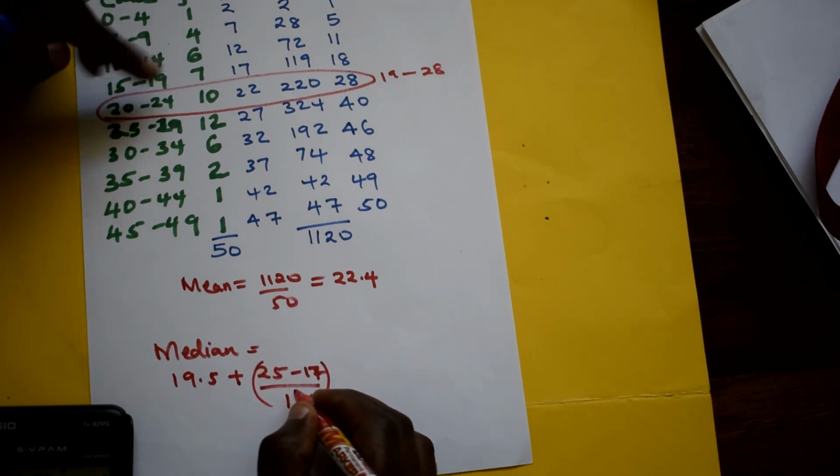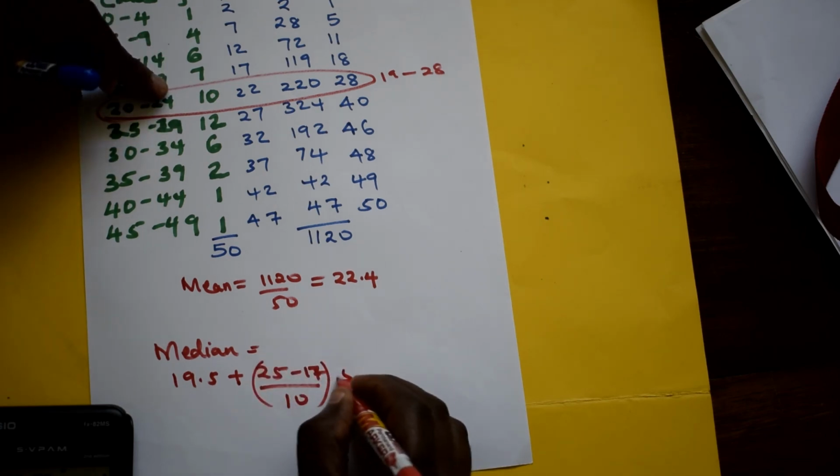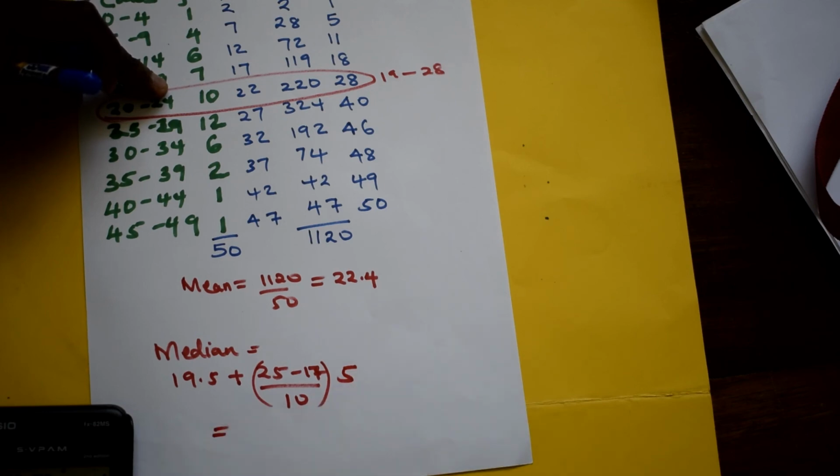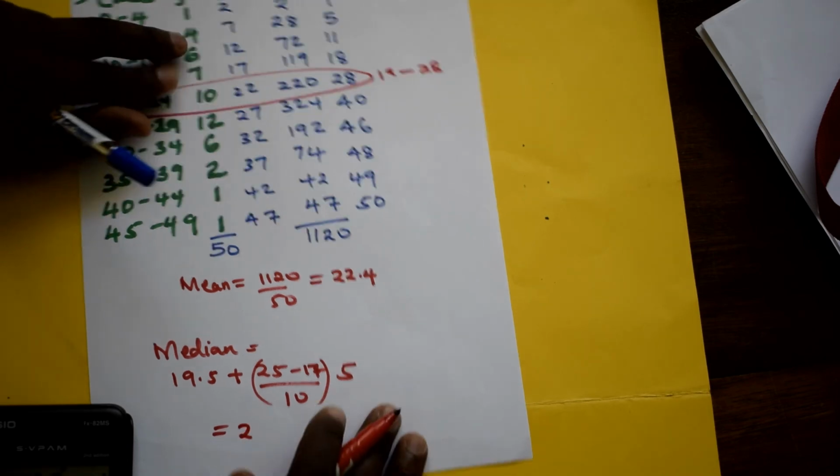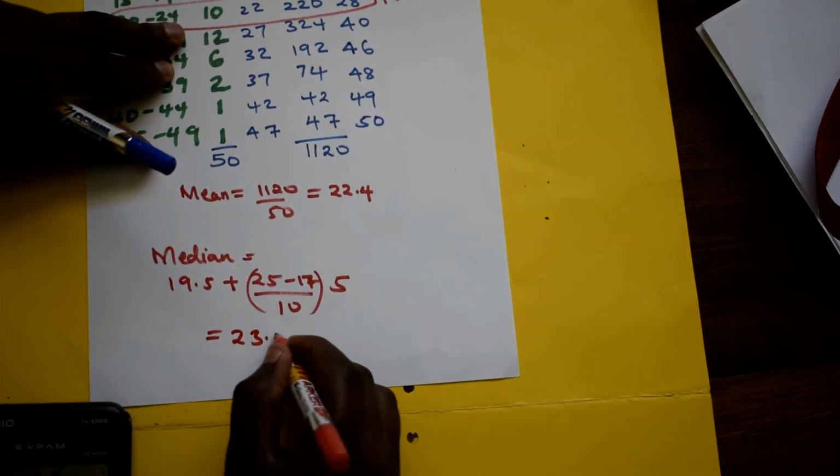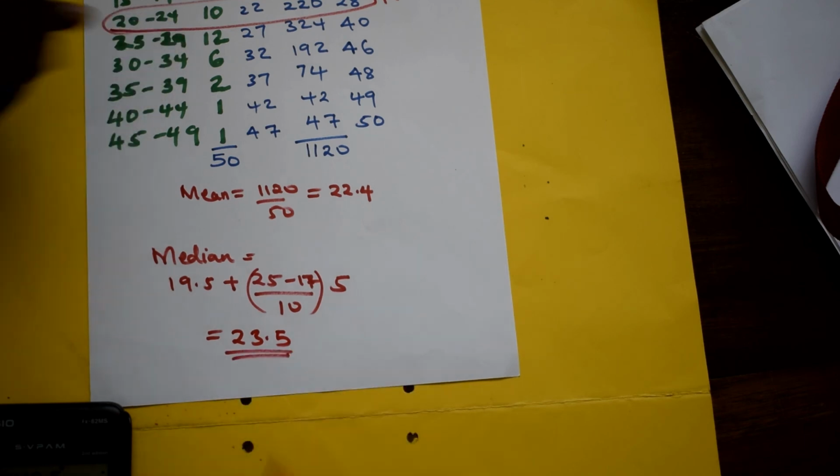Then the interval from 20 to 24 will be 5. So our median will be 23.5.